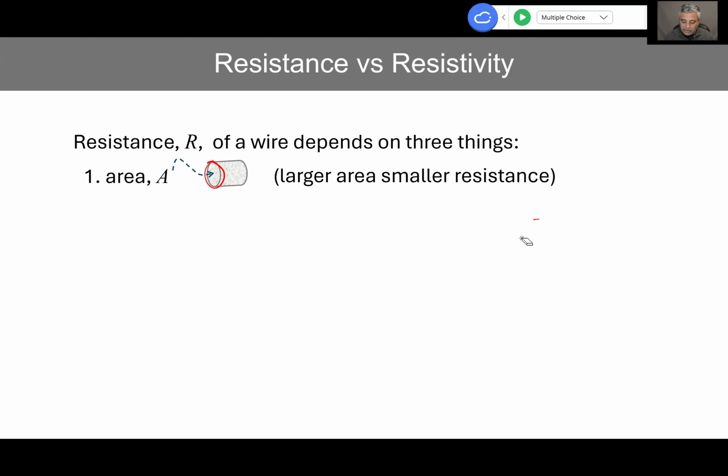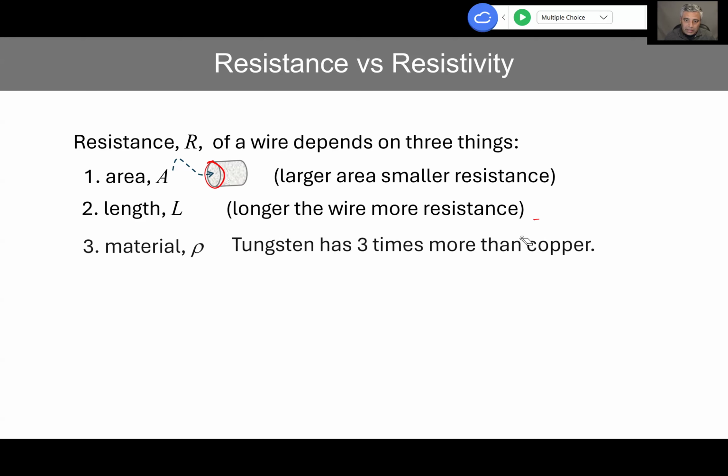So that's why we say resistance is smaller with larger area. Larger area does not give you larger resistance, rather it gives you smaller resistance. So they are inversely related, and length is directly related.